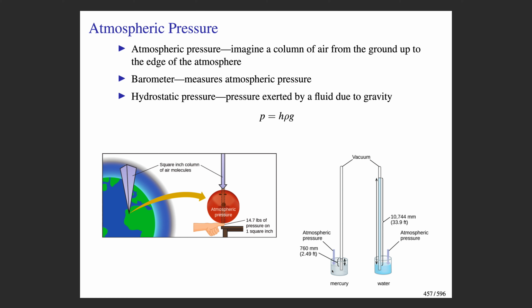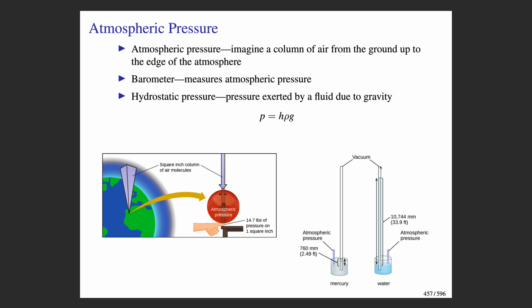The height of the liquid column is related to what liquid you're using. So if you use a water-based barometer, you would need a tube that was at least 33 feet tall, actually 33.9 feet tall, in order to measure the column.